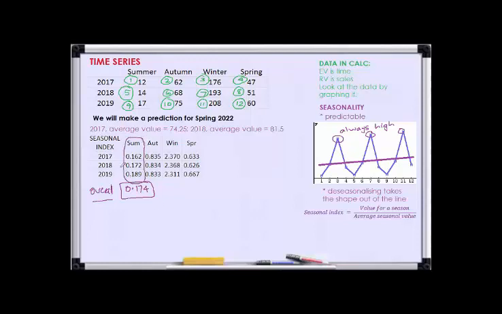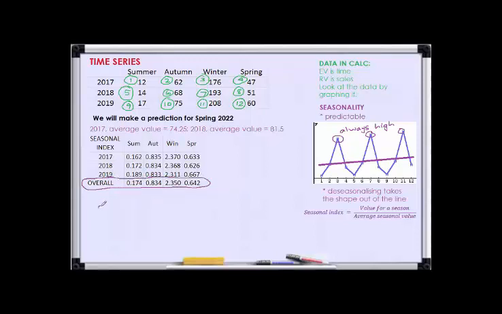Now I'm going to do the same process for autumn, winter and spring and end up with the overall seasonal indices for these months across the 3 years. And now I've calculated my overall seasonal indices for each of the 4 seasons.